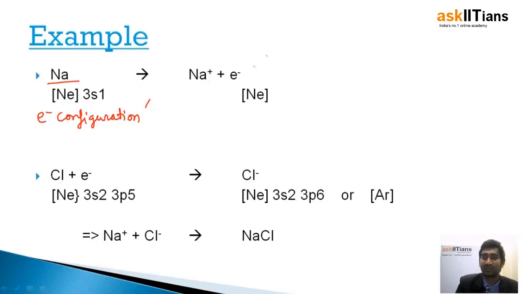Here in the formation of NaCl, Na donates one electron to form an Na+ ion, to get the electronic configuration of Ne, which is an inert gas configuration.